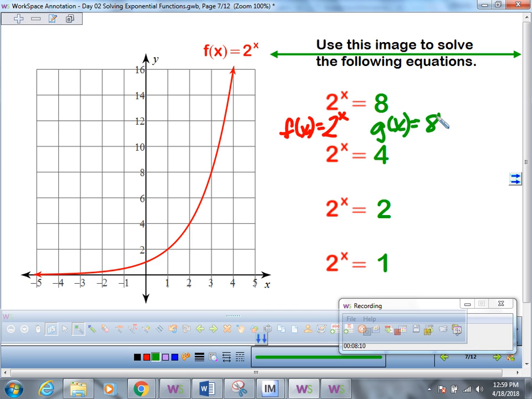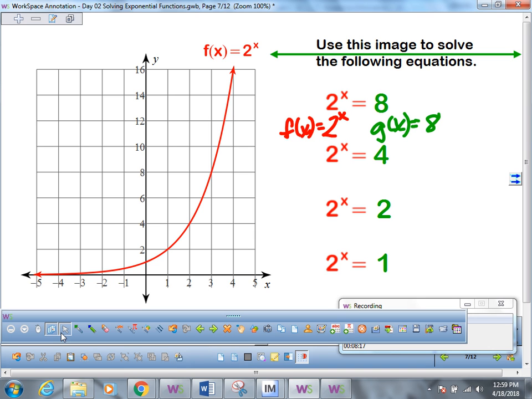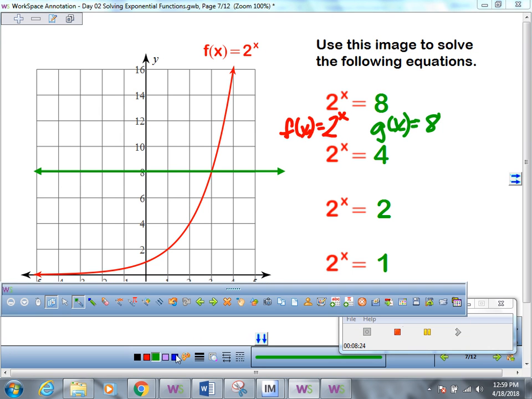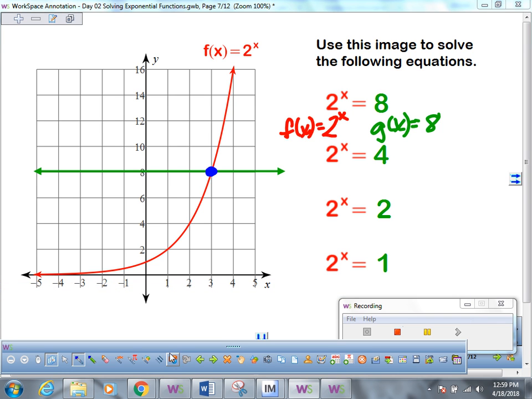Remember how we've done that? We've split the equation into 2 different functions, and then we find where they intersect. So if I make g of x be 8, that's right here, they intersect right here, which just happens to be 3. Isn't 2 to the 3 8? Right?